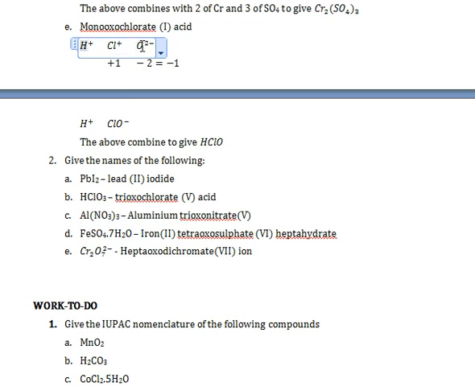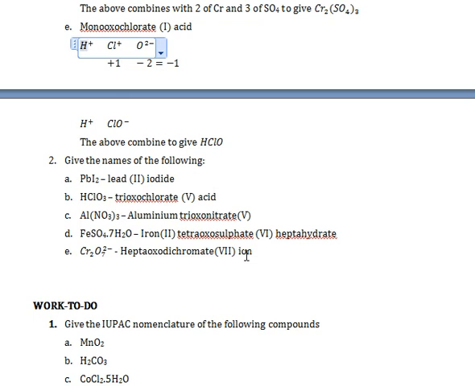Then your monoxo, that tells you 1 oxygen, O2 minus. The net charge on that is going to give us plus 1 minus 2, that's minus 1. So you're having ClO minus combining with H plus. Since they are in ratio 1 to 1, there's no need of introducing any subscript. So the compound will simply combine to give HClO.